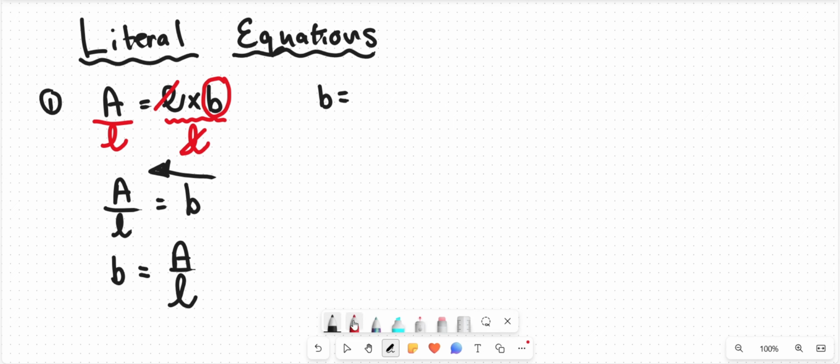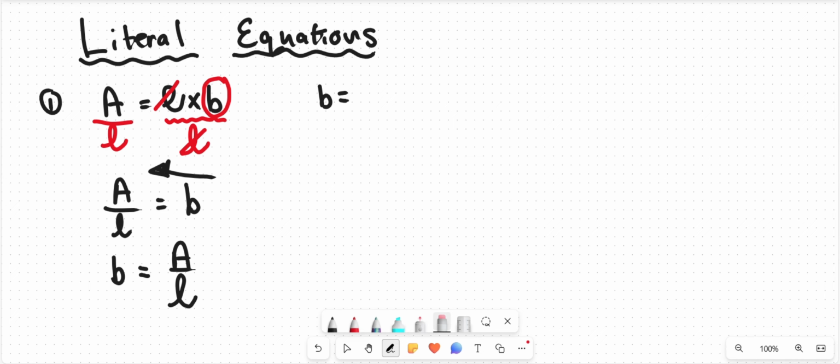And I hope you're seeing what I'm doing in the last step. It's just like how we have x is equal to 2, but we can have 2 is equal to x. These are just the same thing written different ways. So that's literally what I'm doing in the last step there. I'm just writing it with the B, the one that we're asked to make the subject, equal to the rest of the equation. So that's how you go about solving question 1.